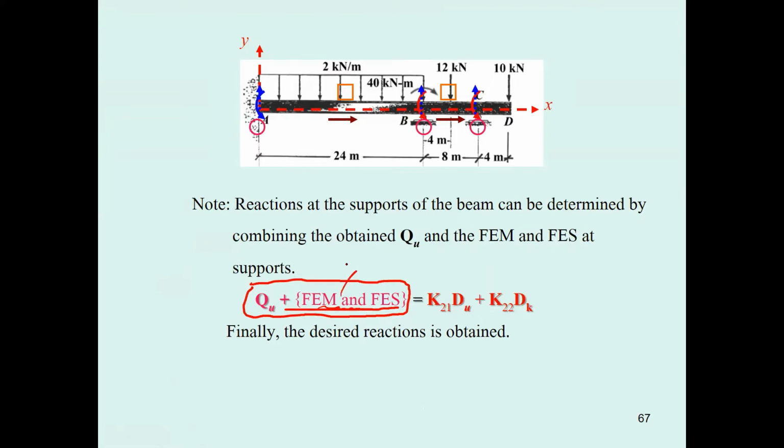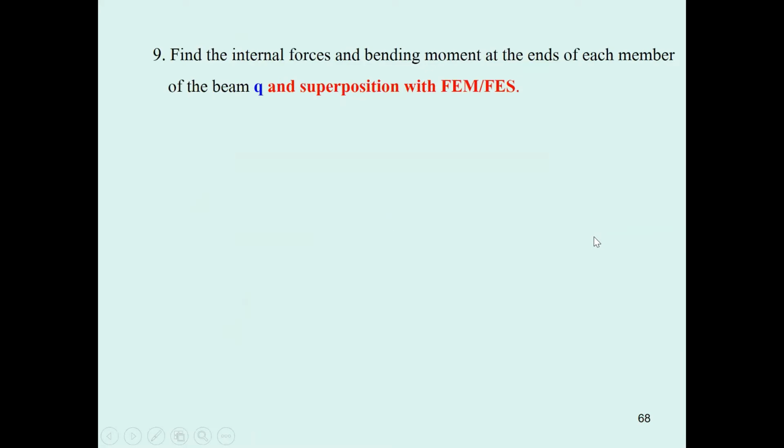It's going to be the reverse, fixed end moment, fixed end shear at node. I'm showing you for the number 3, and then you may find the small q.